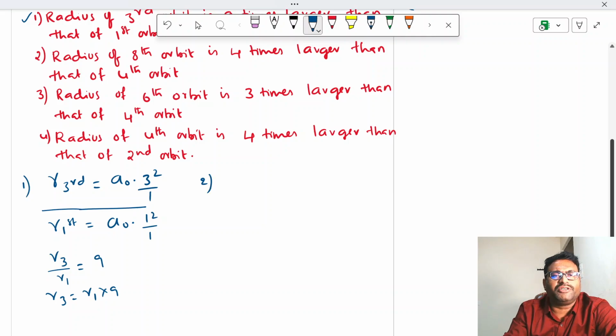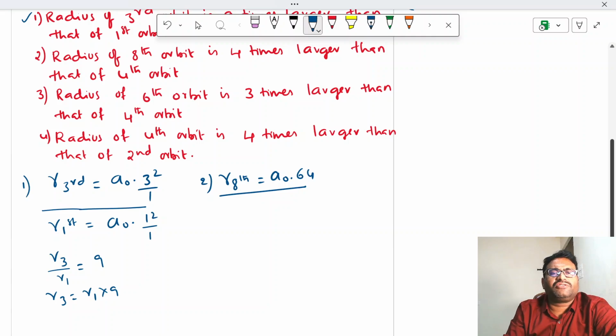Radius of the 8th orbit is equal to a naught into 8 square by Z. Here we are speaking only about hydrogen atom. So radius of the fourth orbit is asked, 4 times larger than that of the fourth orbit.